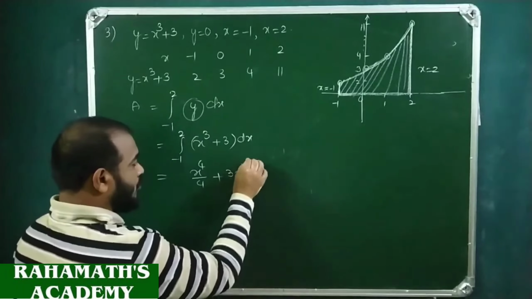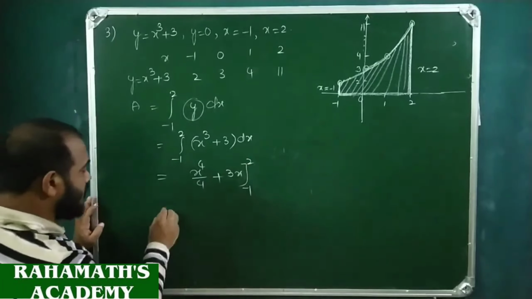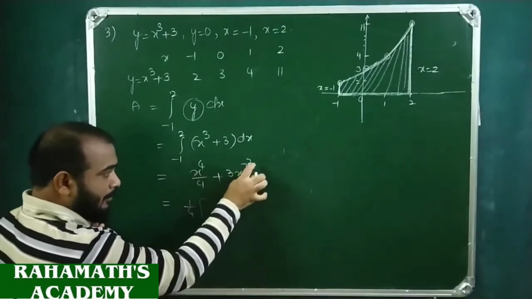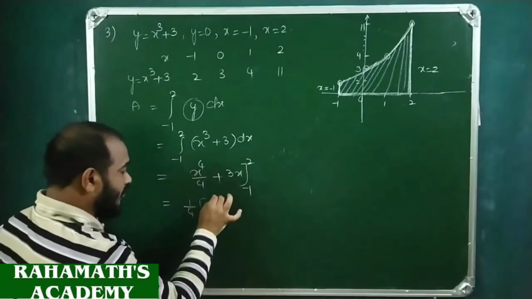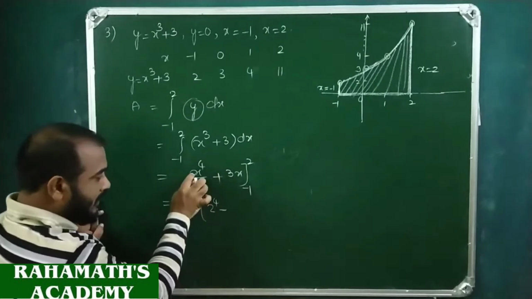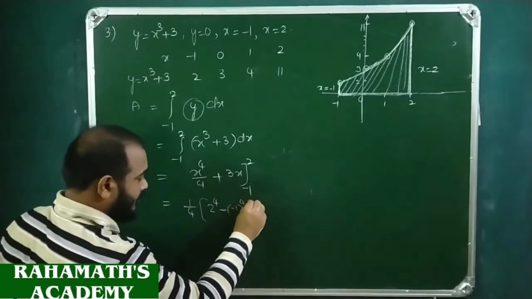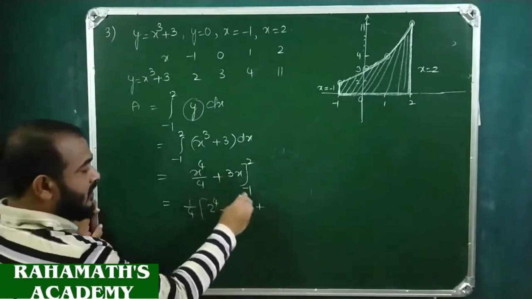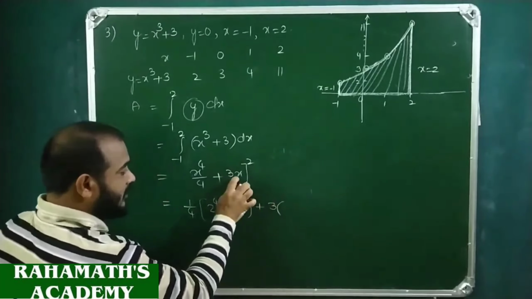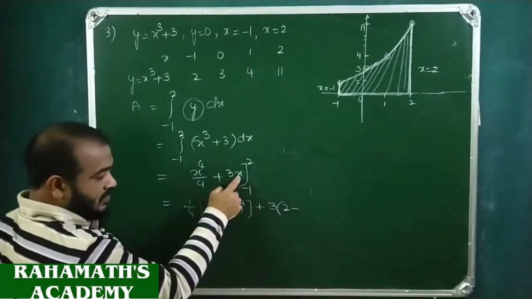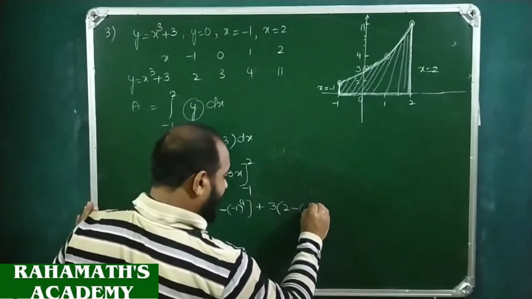So minus 1 to 2 are to be written here. So here 1 by 4, in the place of x upper limit 2 whole power 4, minus in the place of x lower limit minus 1 whole power 4, plus 3 into, in the place of x upper limit 2, minus in the place of x lower limit minus 1.